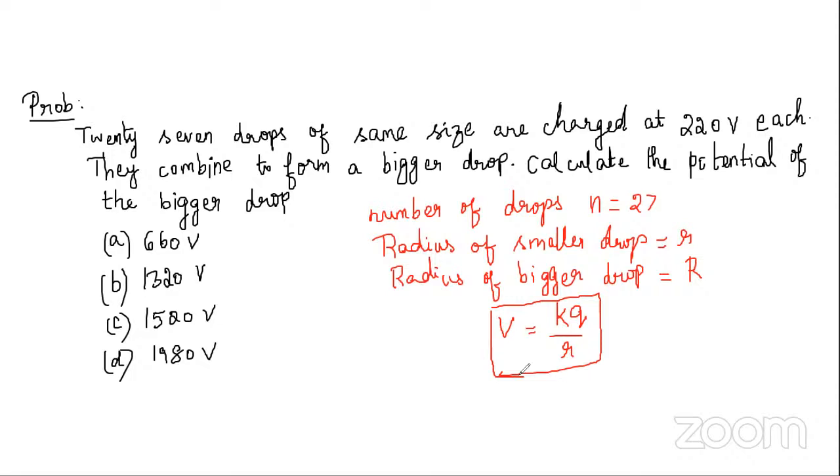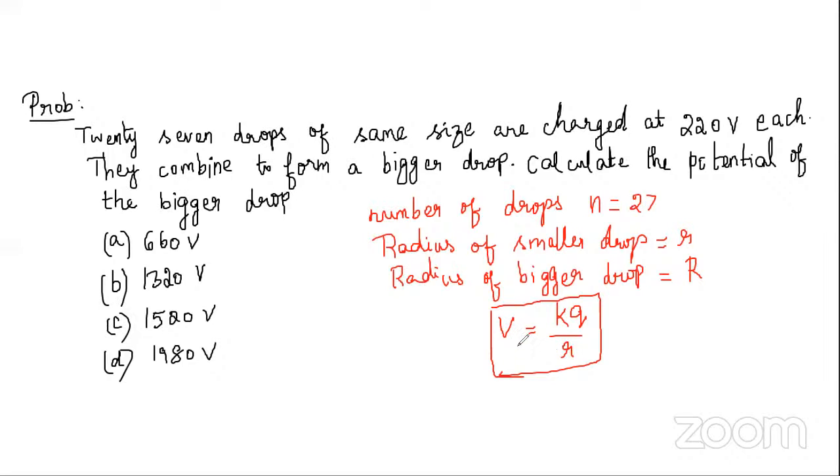Both are needed to calculate the potential. K is a constant, so we don't have to bother about that.